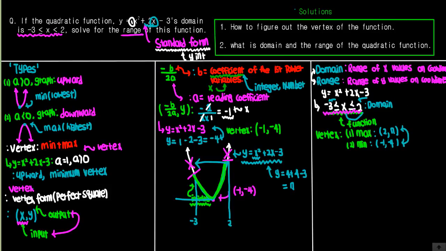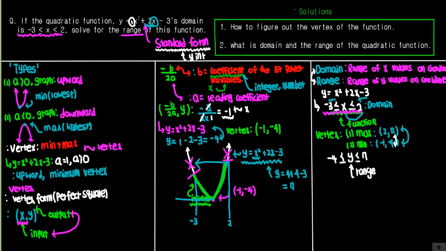And the range shows the distance of the y values on the coordinate plane, which means these are the y values 7 and -4, and the y values of our function should be between them. So this is the range of our function.